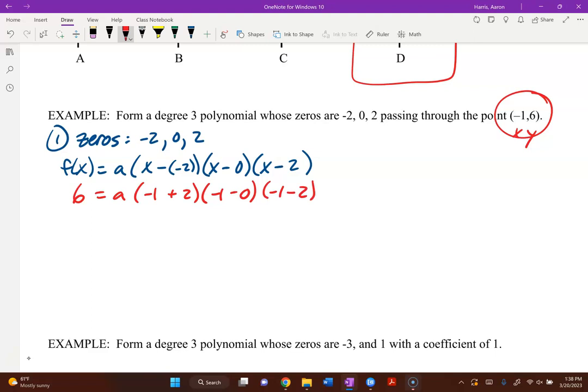And now we're going to solve. So number 1, I used the zeros. And number 2, I used the point xy to solve for a. Step 2. Use the xy to solve for a. So number 1, use the zeros to create the function. You don't know what a is yet. And then use the point from there. Okay, let's finish this off.